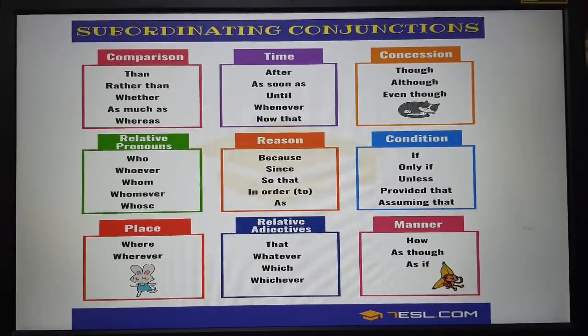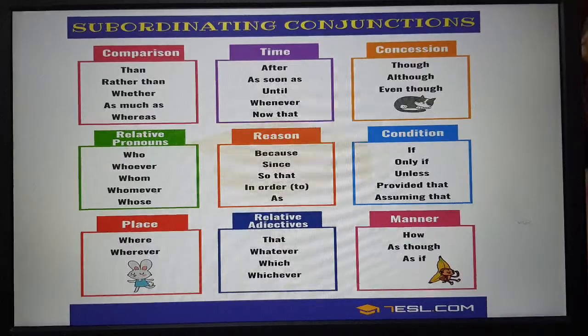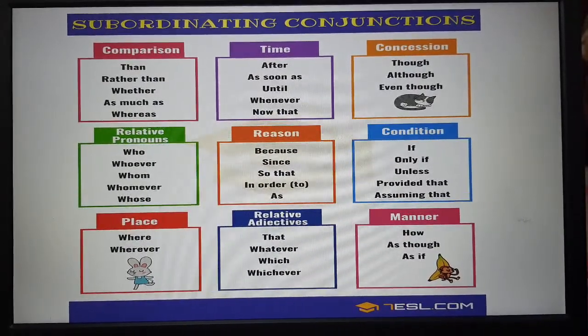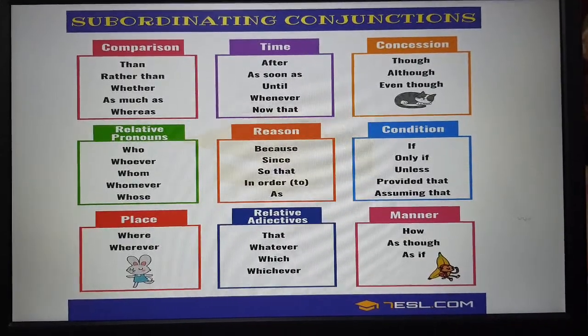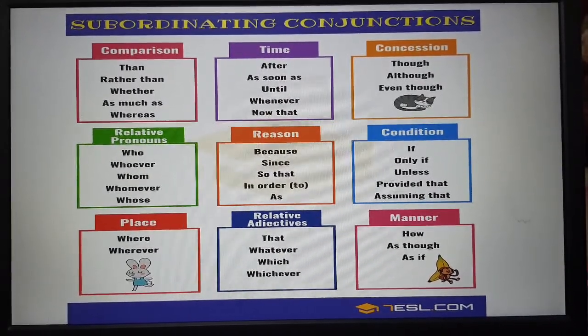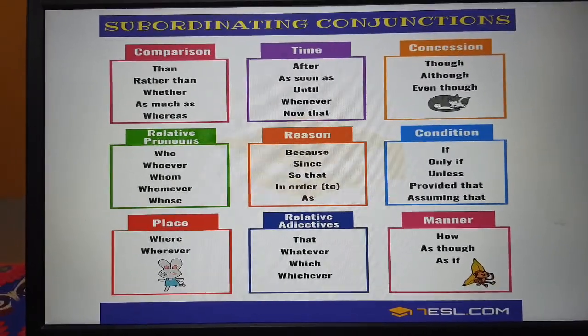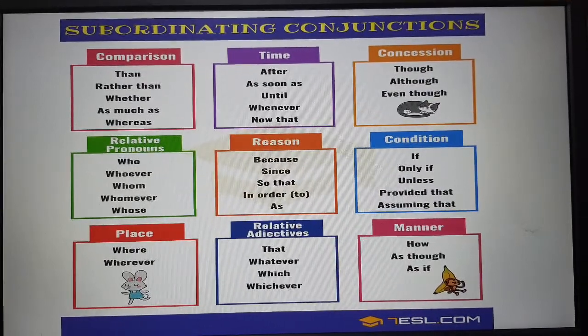Relative pronouns: who, whoever, whom, whomever, whose. Reason: because, since, so that, in order to. Condition: if, only if, unless, provided that, assuming that. Place: where, wherever. Relative adjectives: that, whatever, which, whichever. And for manner: how, as though, as.